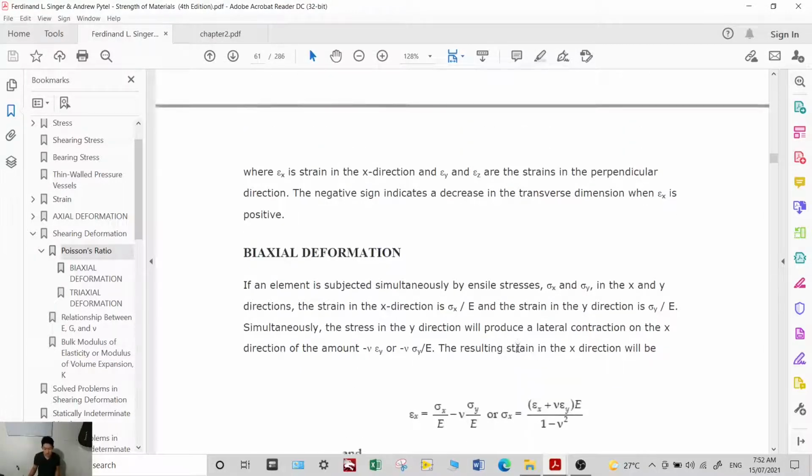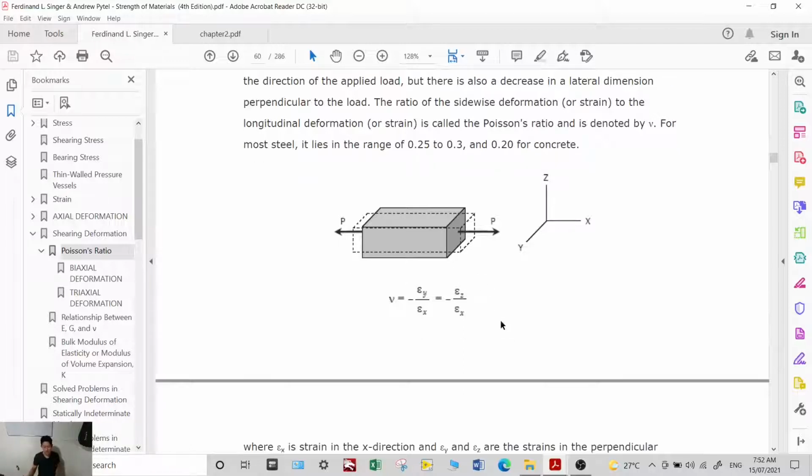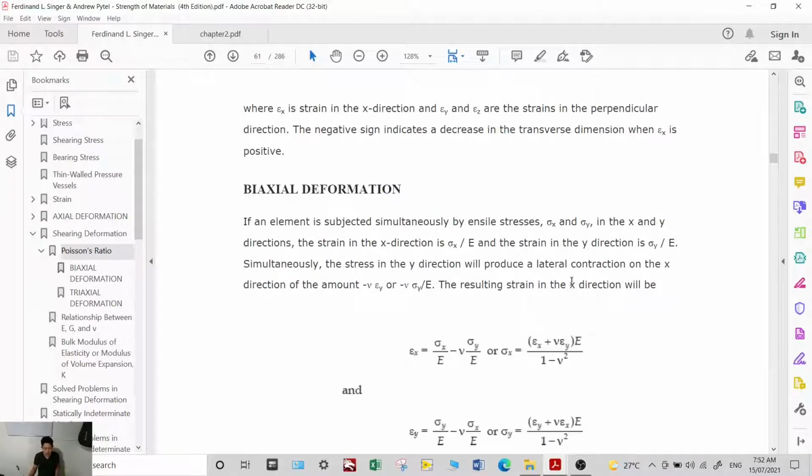Okay. So in order to get the total strain, when you pull in x, it elongates, producing strain, and in y as well. But when you pull in the y direction, it also affects your x. So how do you get the total strain in the x direction? You use this formula.